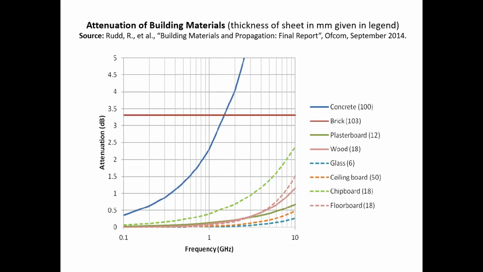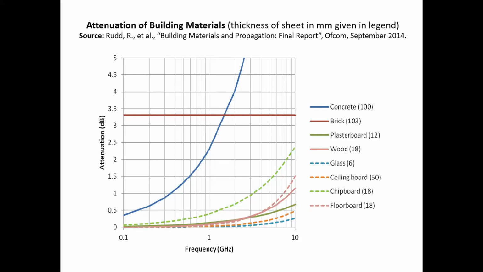So now you see that with different types of building materials, the penetration loss gradually increases with the frequency. And you can also see that the penetration loss is very high for two things, brick and concrete, which are heavy materials.